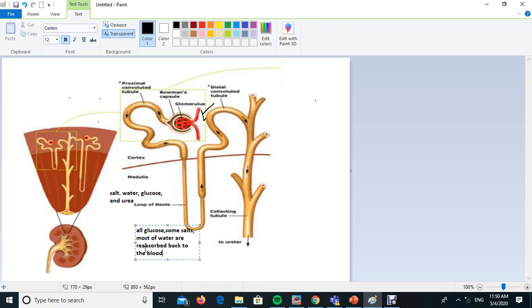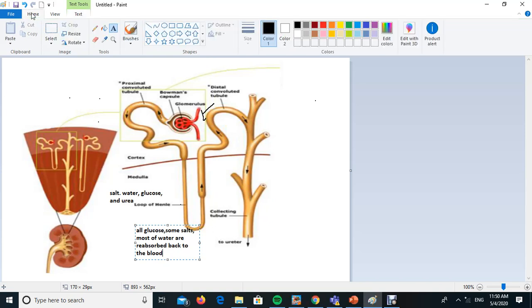Now, some salt, some water, no glucose. Listen, urea, salt, water, urea continue the path to the collecting tubule, or the collecting duct. So here we have urine. A little bit of water and a little bit of salt may be reabsorbed back to the blood here, but a very small amount.